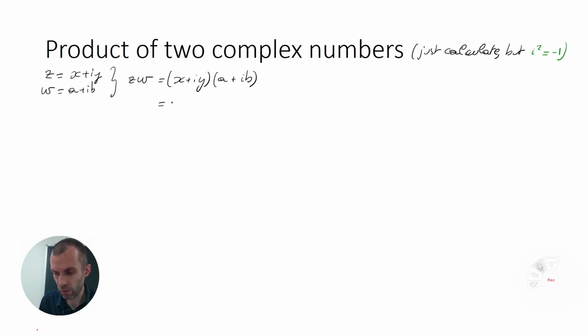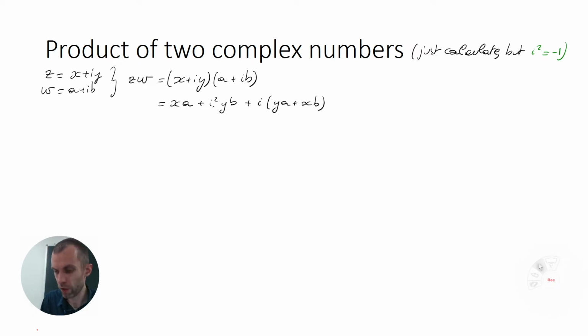And now we work that out to get xa plus i squared yb, and then a bunch of terms in i, so i times ya plus xb.